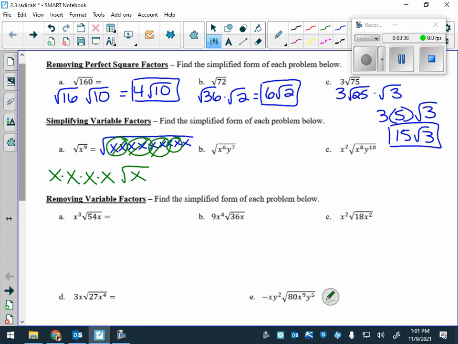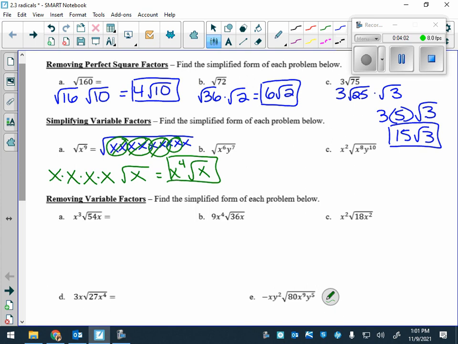So then I multiply. x times x times x times x is x to what? The 4th. And then I have 1 left over. This is one way, by circling pairs. For every pair, 1 comes out. But is that realistic if you had x to the 100th? No. You'll be writing x's all day.